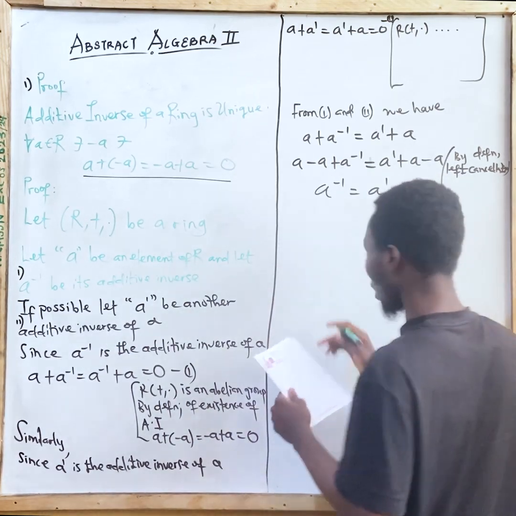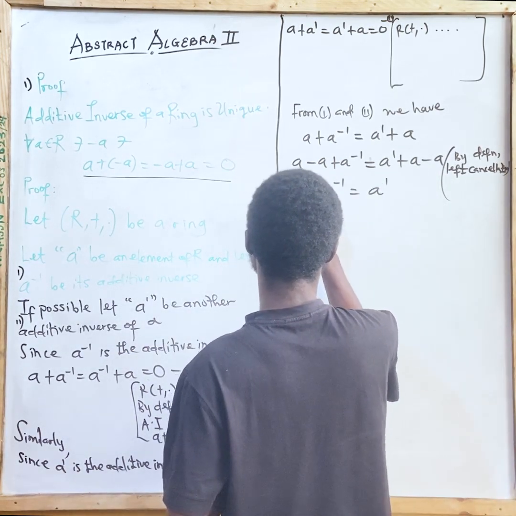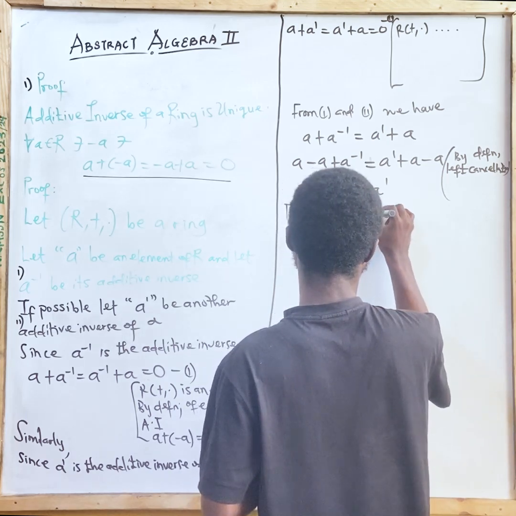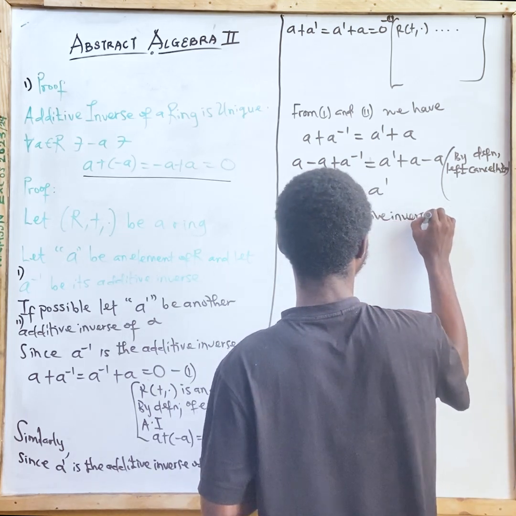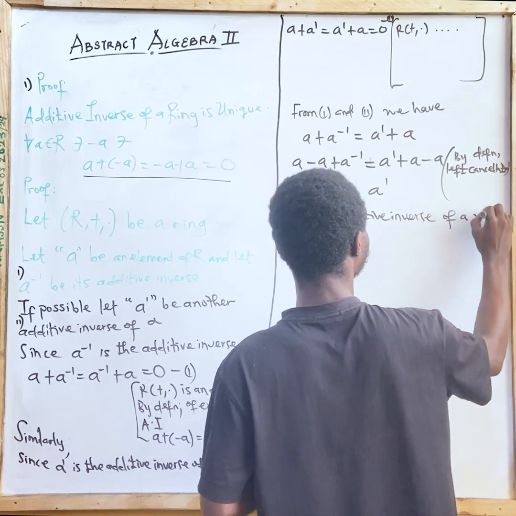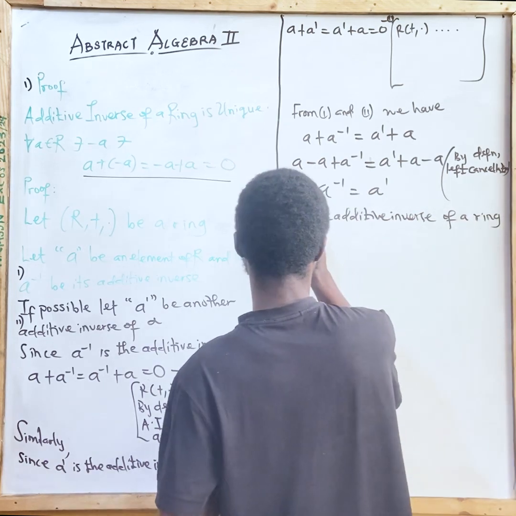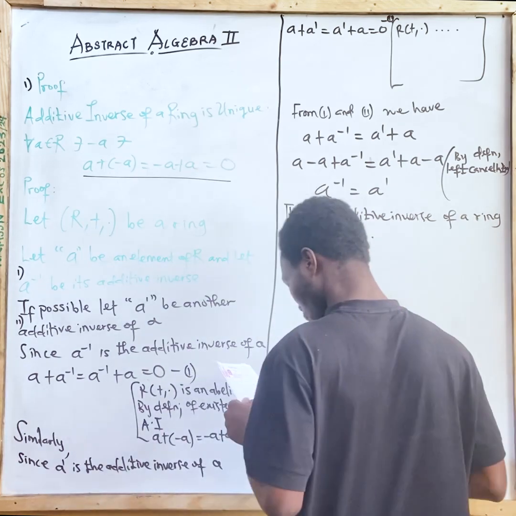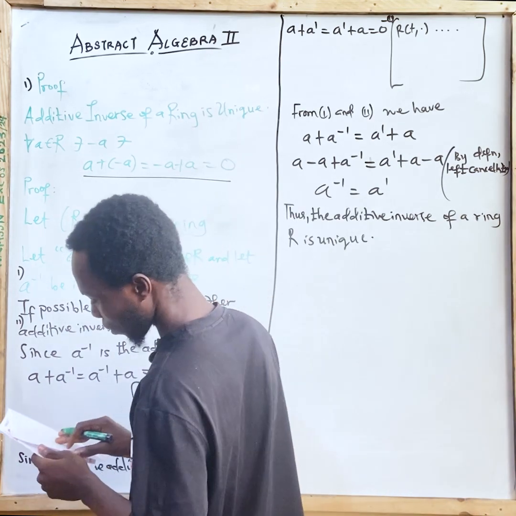So from here I can say that, thus, the additive inverse of a ring R is unique. Okay.